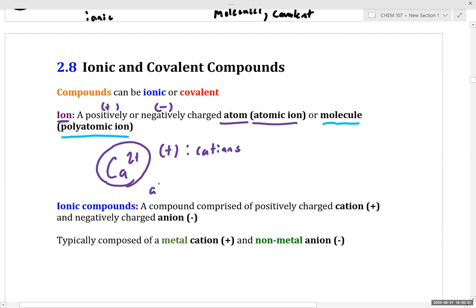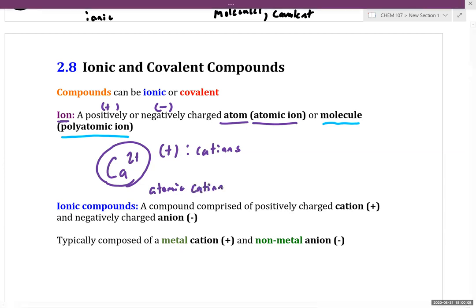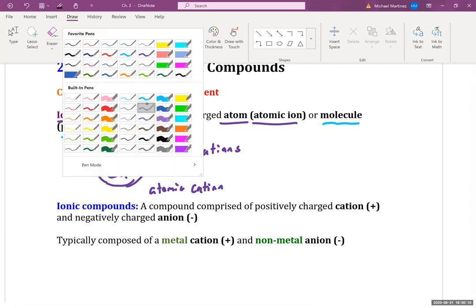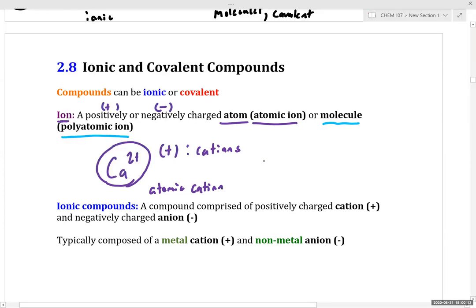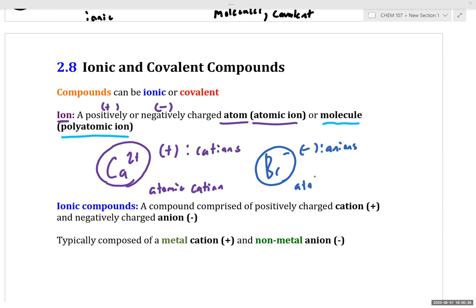So calcium 2+ would be an atomic cation. Alternatively, our negatively charged ions, such as Br-, are known as anions. So bromide, Br-, is an atomic anion.